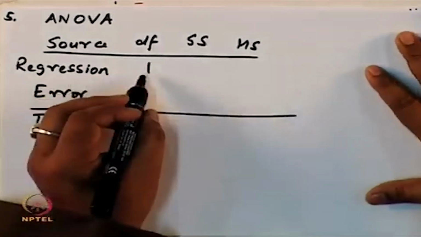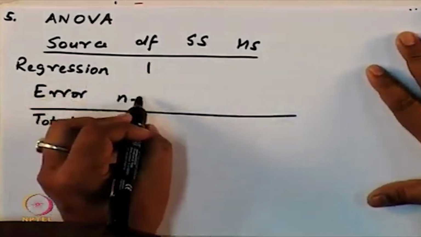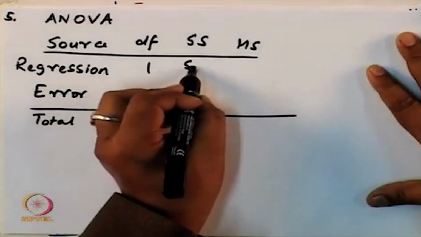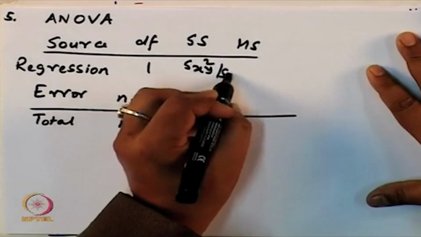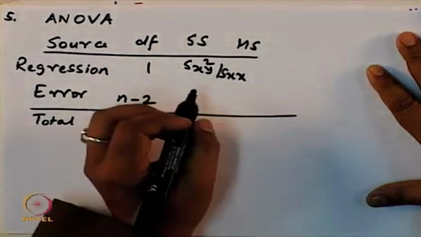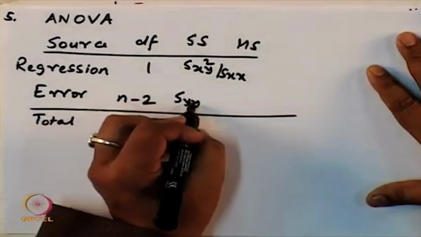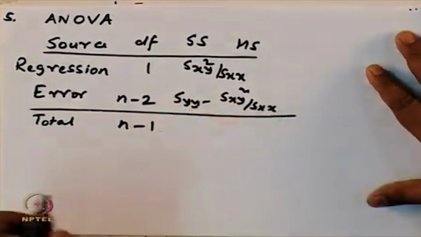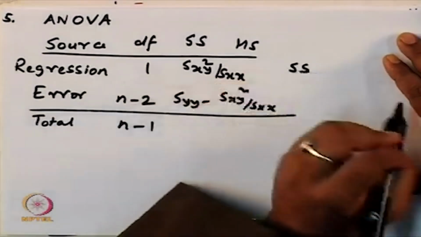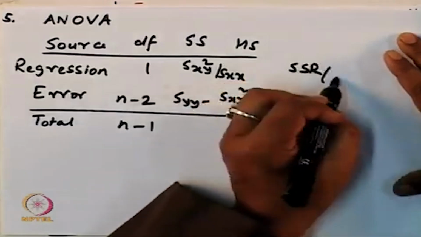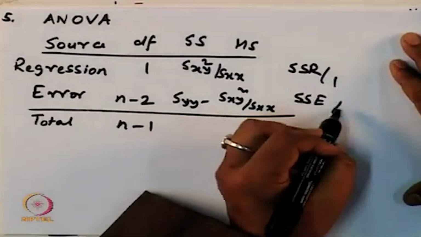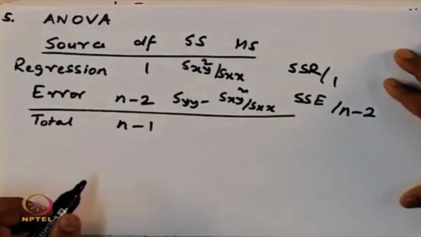So, regression has degree of freedom 1, error has degree of freedom n minus 2, and the total is n minus 1. Okay. This is Syy minus Sxy square by Sxx. This is SSR by 1. So, this is same as this SSR, and this is SSE by n minus 2.